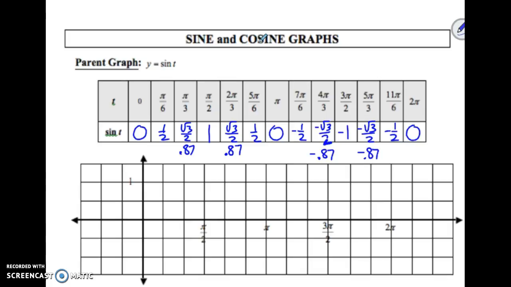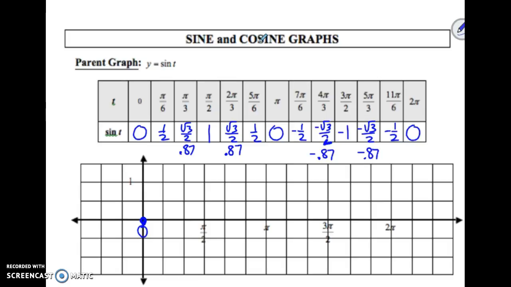So along my x-axis here, I want to count in terms of pi's. And as you can see, it's already been labeled here for me. So this is 0, and then we've got pi over 2, pi, 3 pi over 2, and 2 pi. Okay, so when t is 0, sine is 0.